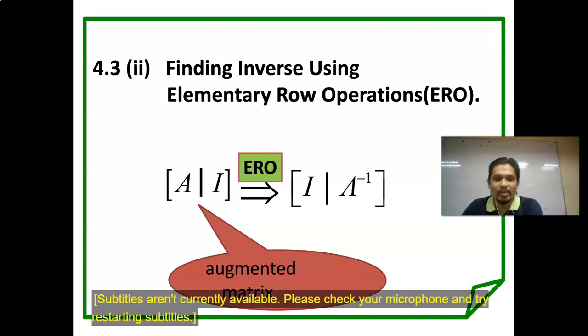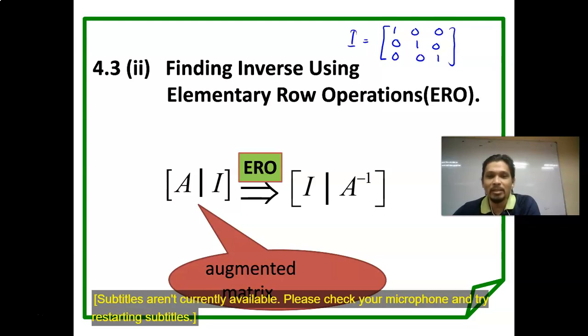We call this an augmented matrix, and we're going to repeat the process of ERO with different instructions until the identity matrix, for 3 times 3, with elements 1 0 0, 0 1 0, 0 0 1, appears on the left side.